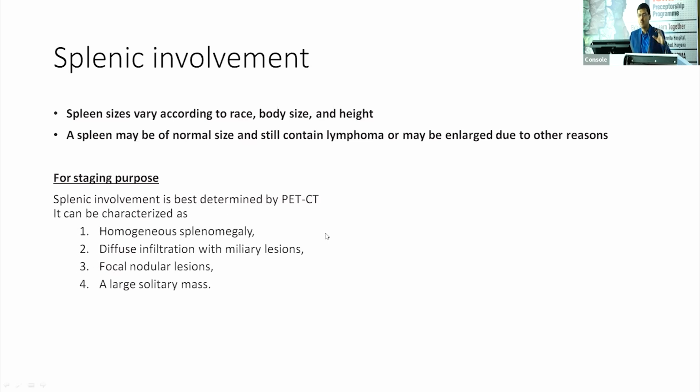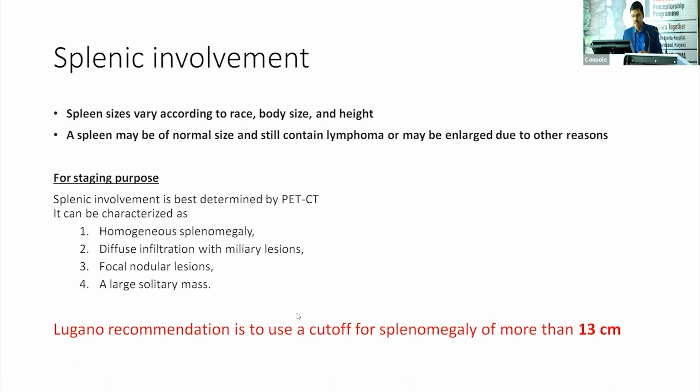Number 1 is a homogeneously enlarged spleen, then a diffuse infiltration with miliary lesions which are PET-avid, focal large SOL, which is least controversial, and a large solitary mass in the spleen. We will see photographs of these very soon. However, for sake of ease and uniformity, Lugano has said that if your spleen is enlarged without any other explanation and it is more than 13 centimeter, then you consider the spleen involved.